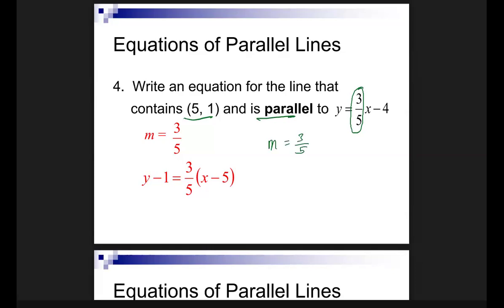Now you want to find out the y-intercept. So you do y equals 3 over 5x plus c. Then, because they gave you the coordinates, pay attention. They gave you coordinate of 5 and 1. So you now substitute 5 and 1 into the equation. X is 5, so you put that one there. Y equals 3 over 5 times 5 plus c, and y is 1.